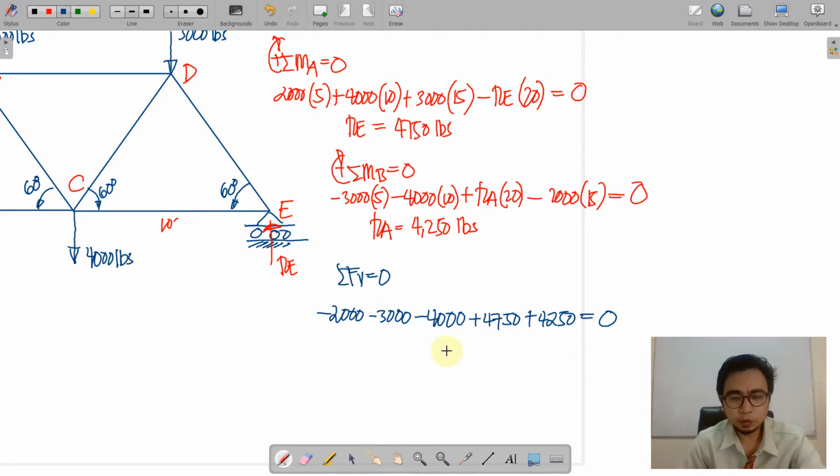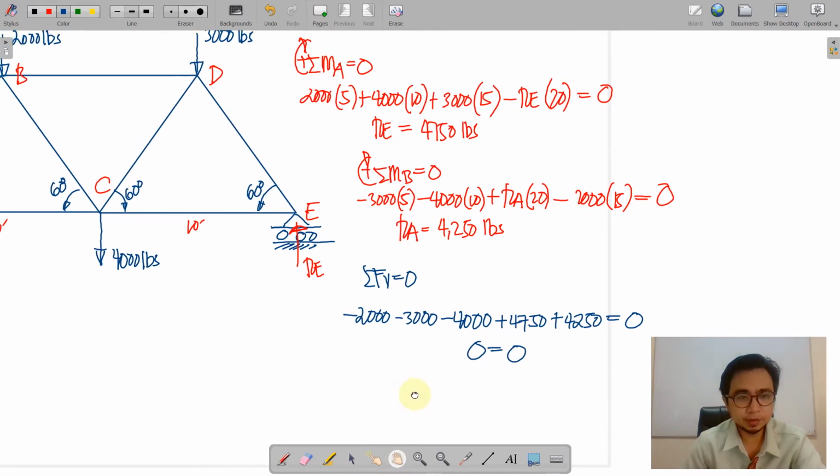If we compute that, it is really equal to 0. Okay, so now that we are assured of our reactions, we can now proceed to our analysis.